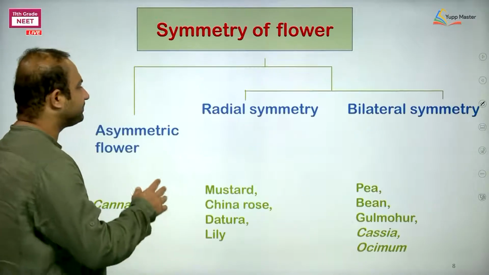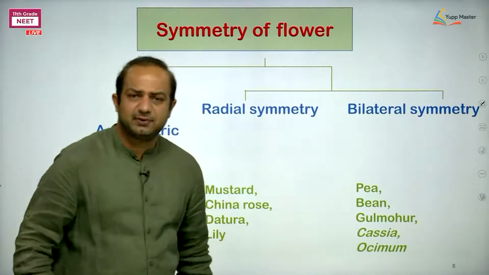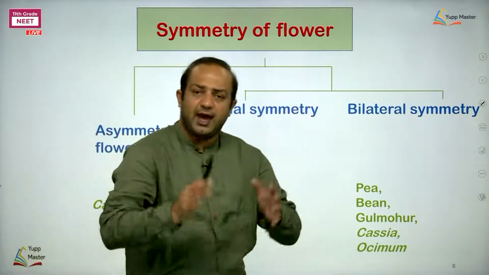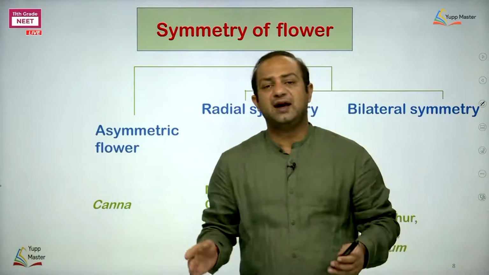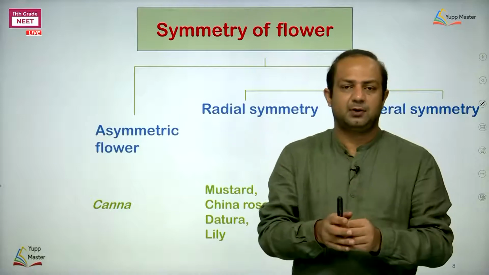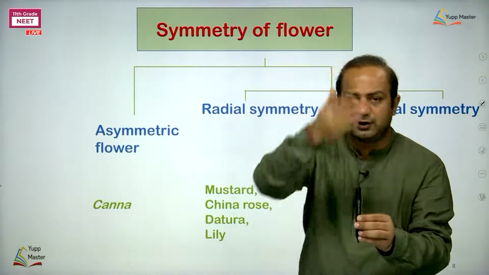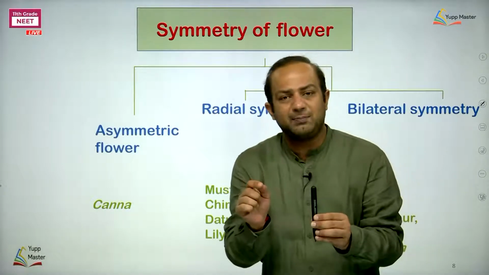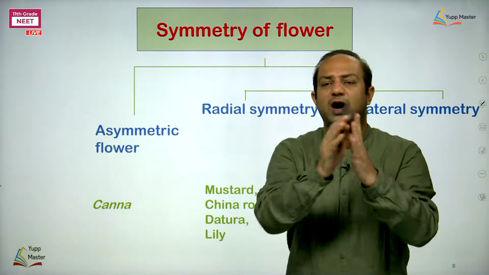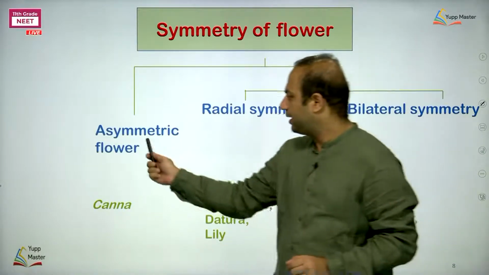The next is about symmetry of flower. What does it mean by symmetry? Symmetry means when anything is divided into parts uniformly. You can divide a thing into halves by cutting it along a vertical or long axis. If you are not able to divide the structure into halves, the structure is asymmetrical.